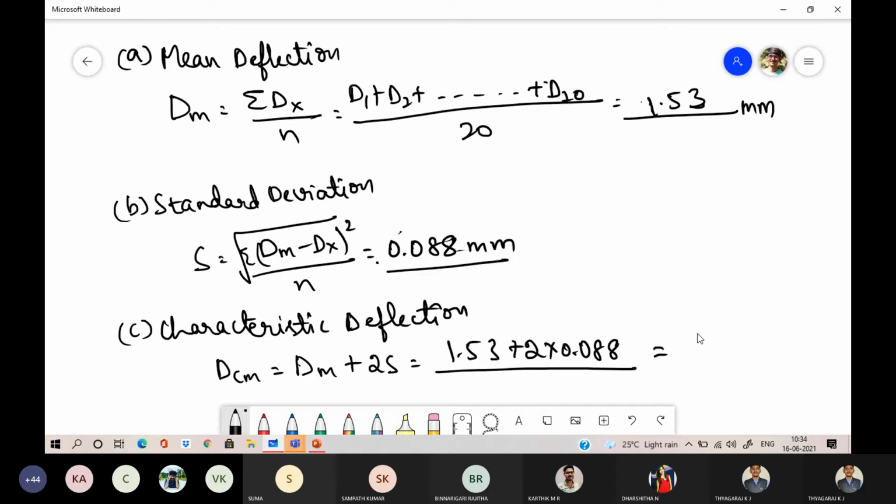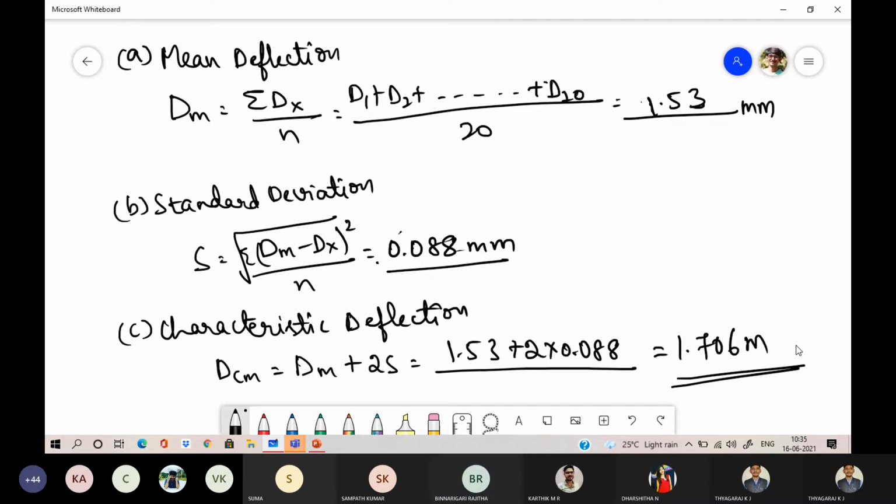So we'll get the total deflection value, so 1.56. Are you getting this? Yes, sir. Standard deviation. Okay.